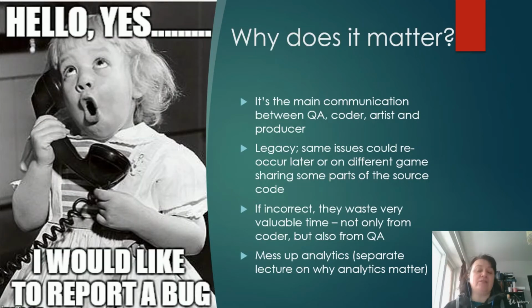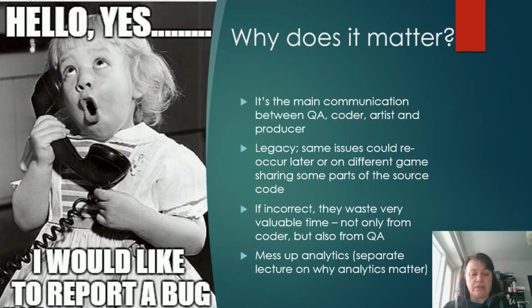So why does it really matter? We mentioned this before. It's the main communication between the QA, the coder, artists, producers, even product managers, even people outside of the team. So it's something that might potentially be seen by multiple people, and it has to be easily understood by everybody who actually reads that report as well.